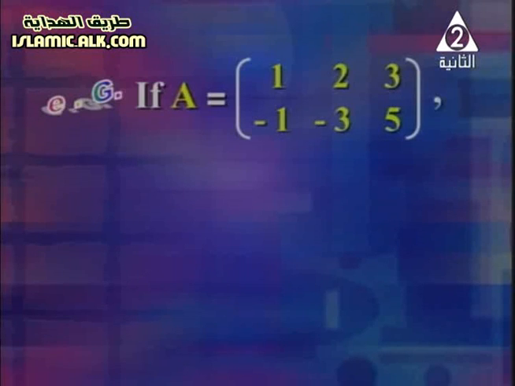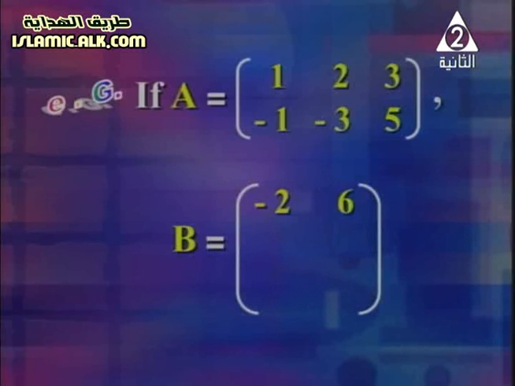Look at this example to clarify the multiplication of two matrices. The first matrix A is 1 2 3, negative 1 negative 3 5. B matrix is negative 2 6, 4 negative 4, negative 5 1.